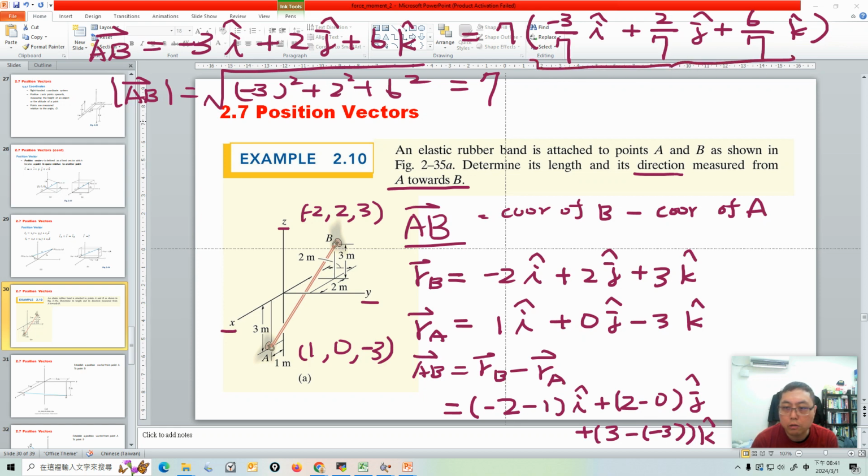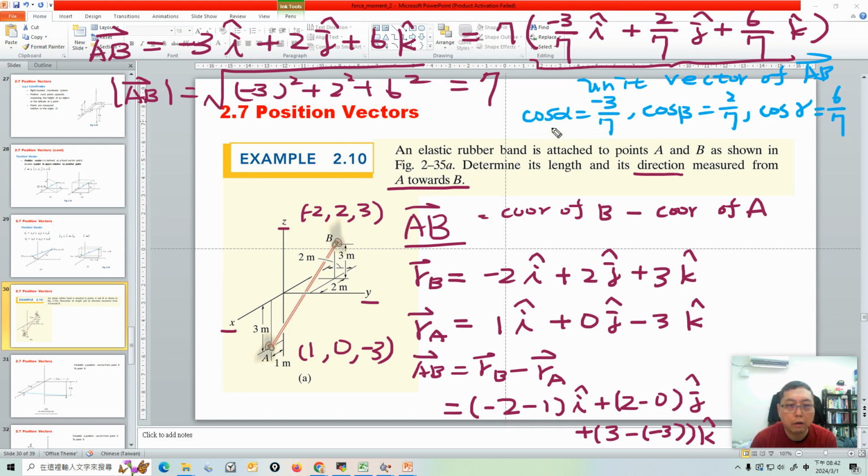Don't forget, this is your unit vector of the AB vector, and the coefficients are your cosine alpha, cosine beta and cosine gamma. After you get this information, you will have alpha, beta, gamma finally.